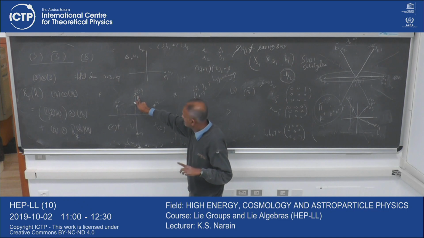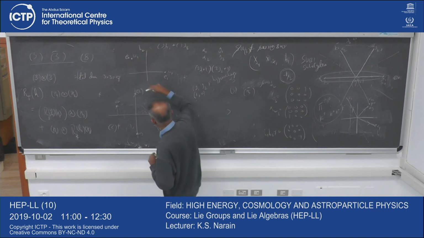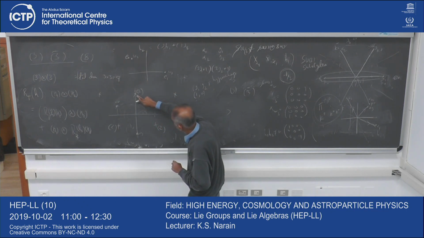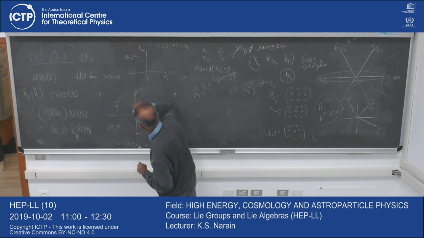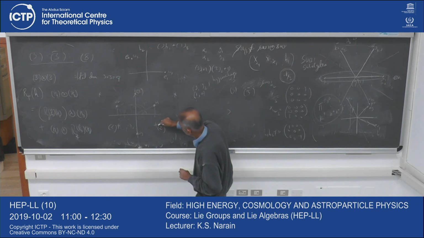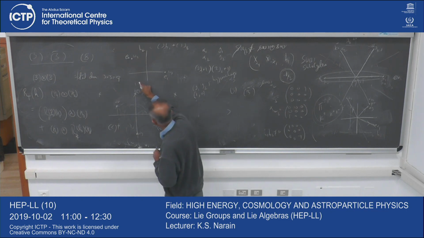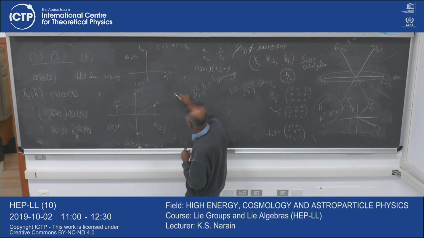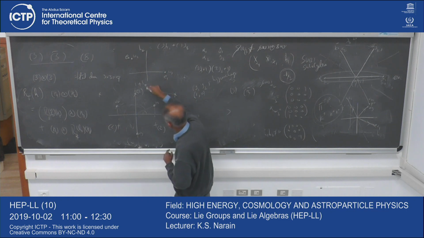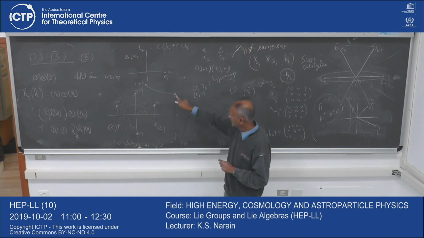Okay, and then you can again start from here. You have one state here, and then apply the lowering operator of alpha 2, so I will get that one state here. Remember, out of this 2, it splits into 1 plus 1. One of them comes when you apply the lowering operator, so let's say this one. Here I have only one state.